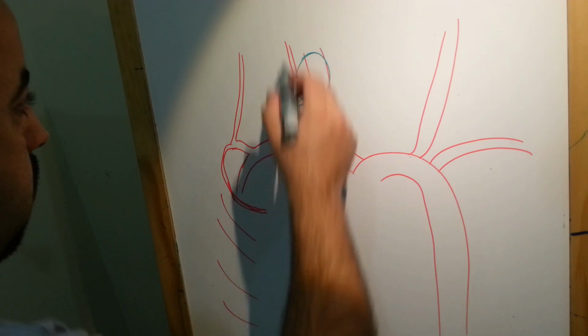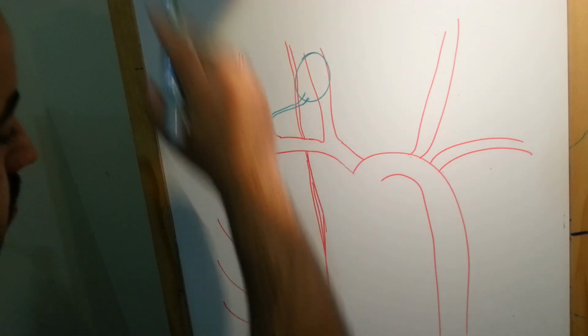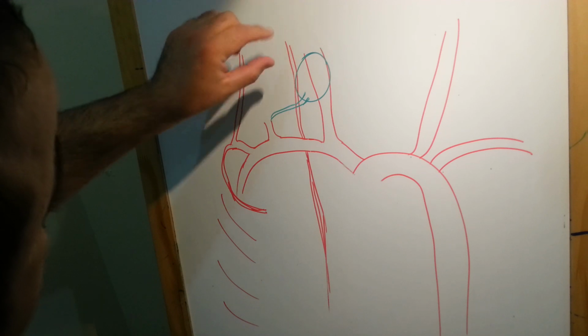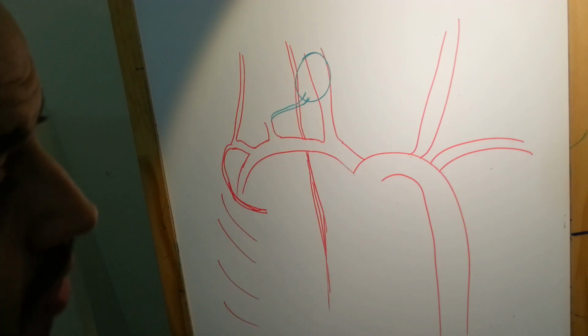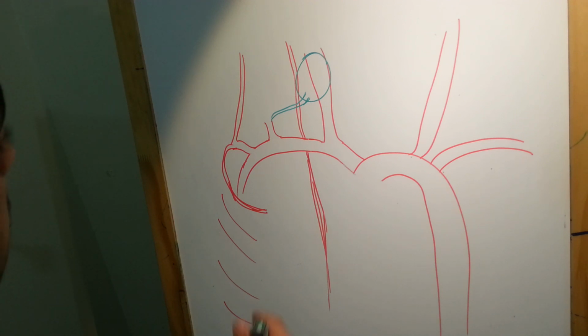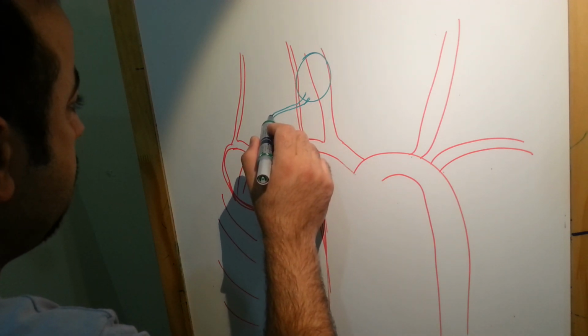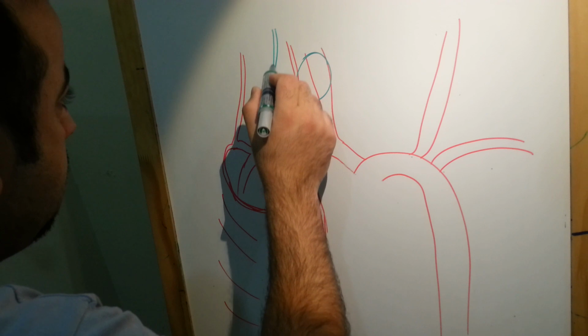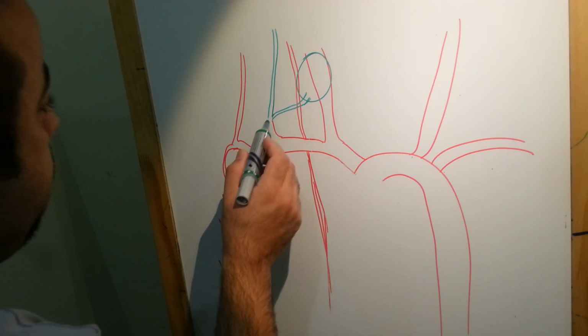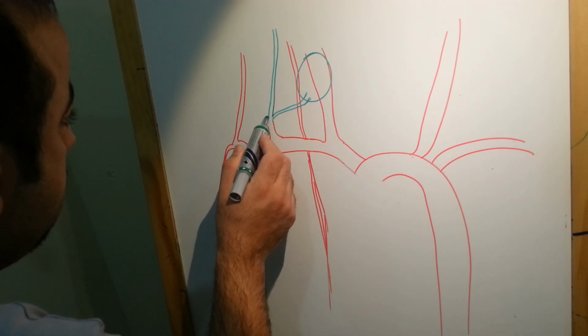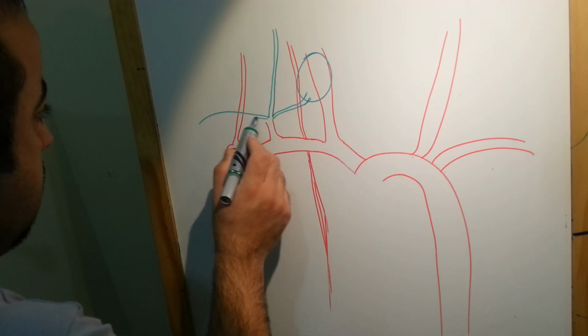We have the superior coming from another source. We will not talk about it now. So we have the inferior thyroid artery, and we have one going up, the ascending cervical. It will go to the neck. And we have one going back like this.